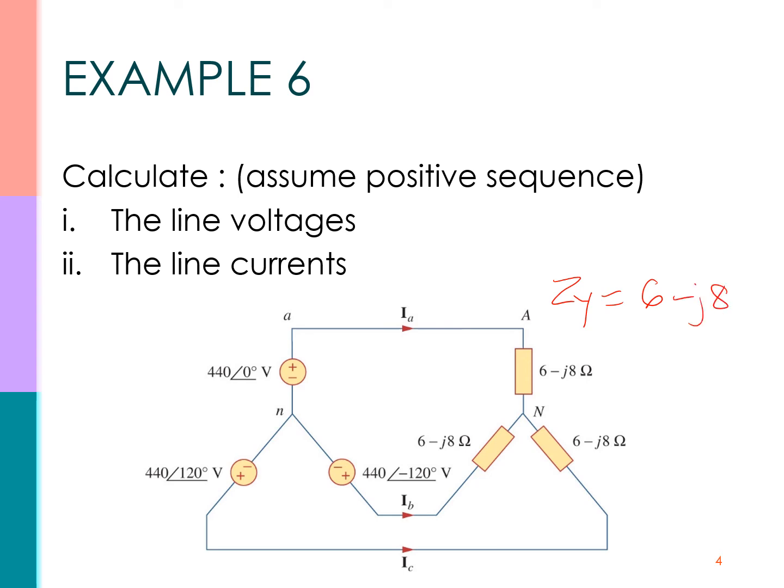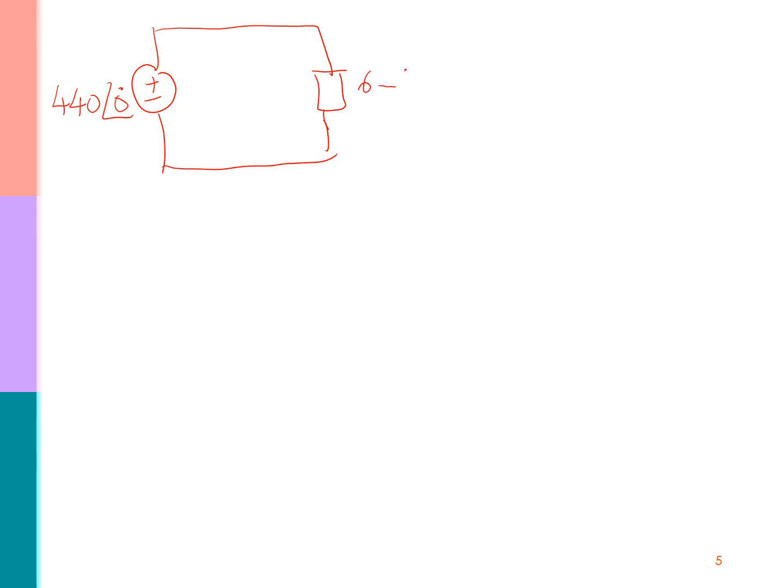The first thing we have to calculate is the line current, so we use a single phase equivalent circuit, with VAN equal to 440 with 0 degree volt, connected to ZY, which is 6 minus J8.